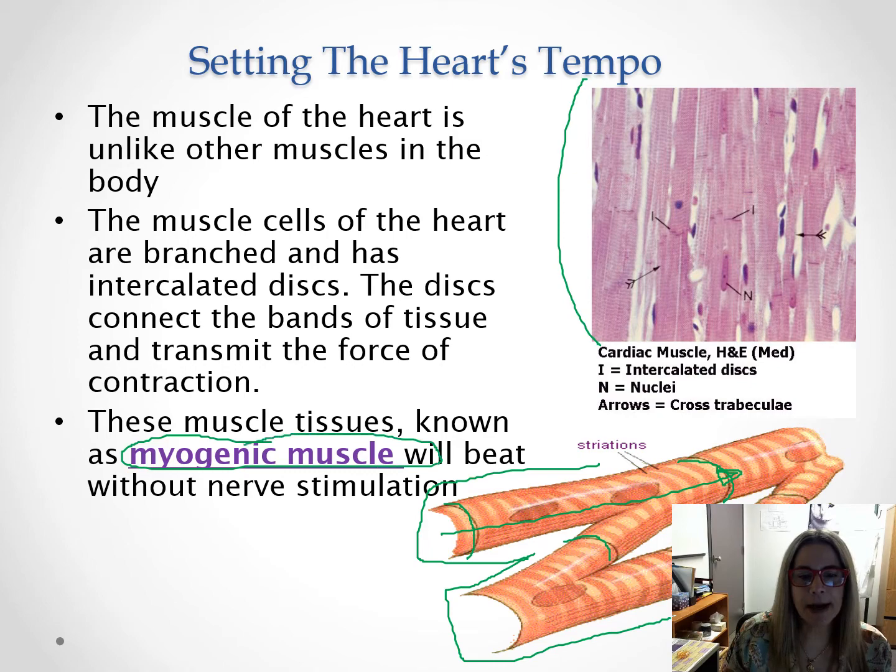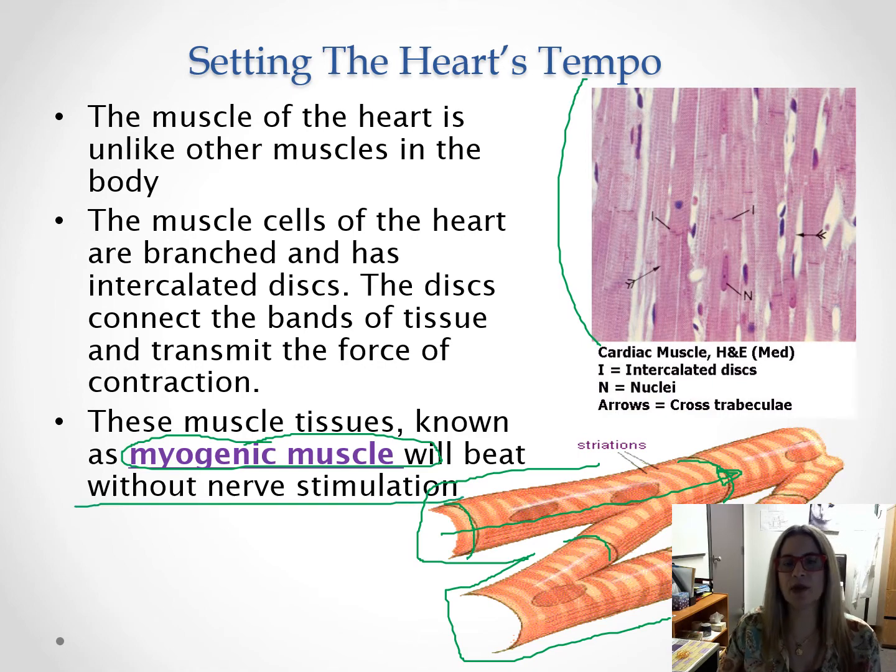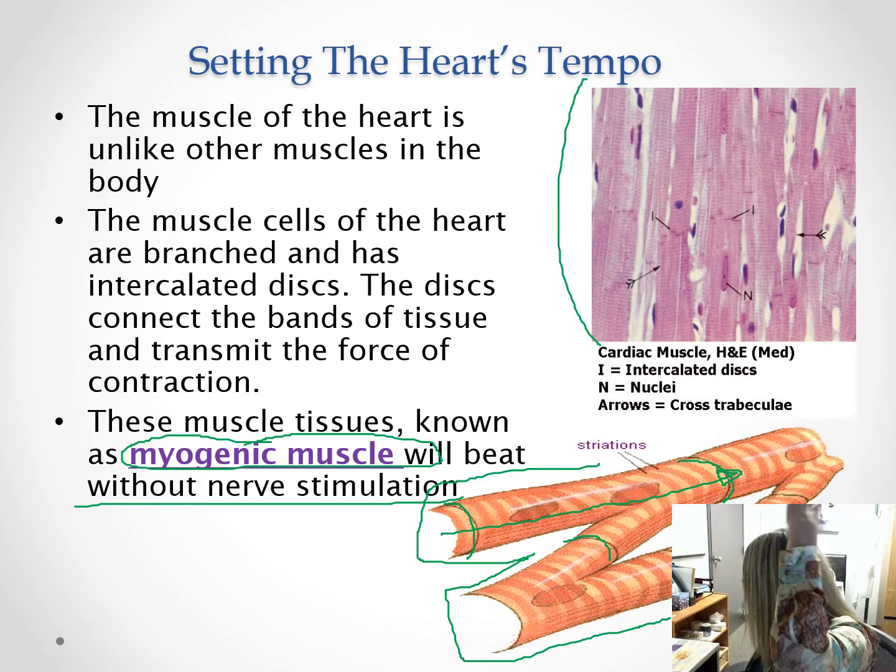And one of the other things that makes it unique compared to, say, your skeletal muscles is that heart muscle beats without direct nervous system stimulation. That doesn't mean that your brain's not involved, because your brain controls pretty much everything. What it means is there's not a direct connection between your heart and your brain in terms of nerves, but your brain still controls your heartbeat, and it's your medulla oblongata, which is your brainstem, okay?